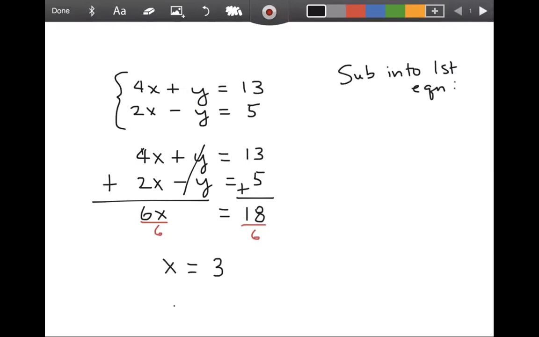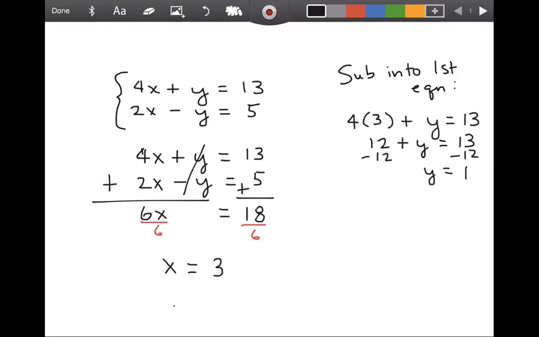So we have 4x plus y equals 13. We think x is 3. So that gives us 12 plus y equals 13, which means y equals 1. So it looks like the solution is 3, 1.